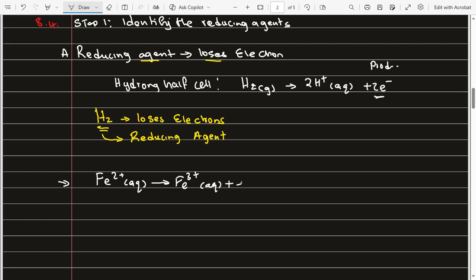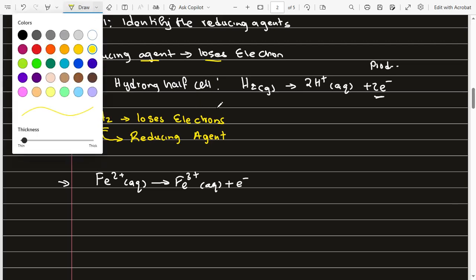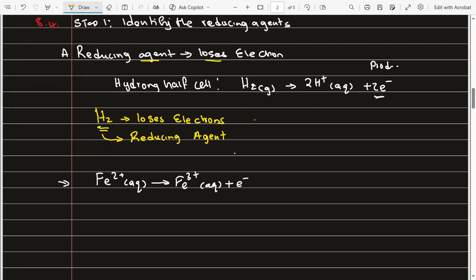When I look at this, look at what is going on at the Fe2 plus. It is the one that loses an electron. Since it loses electrons, this Fe2 plus is also a reducing agent.